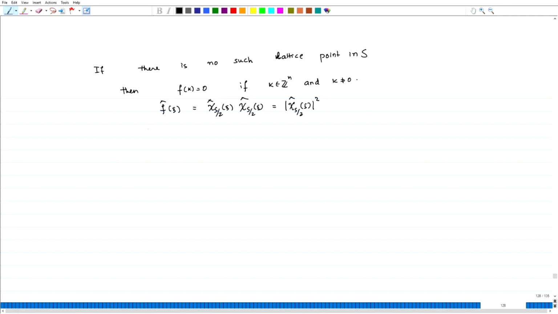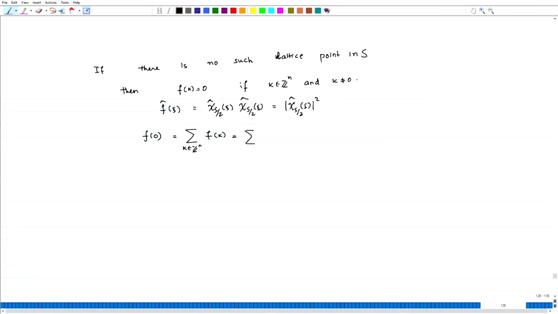Therefore, what we get is that f of 0 is equal to the summation over k varying over Z n of f of k, and this f hat has an appropriate decay, so that we can apply the Poisson summation formula for this particular f we have chosen. So, this is going to be the summation over k varying over Z n of f hat of k.